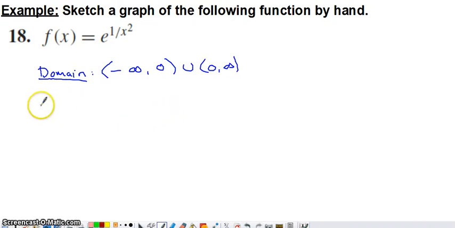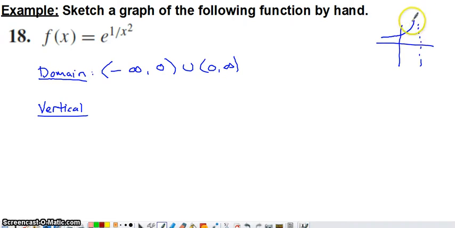Next, what we want to check out is our asymptotes. I'm going to go with vertical asymptotes first here. If a function has a vertical asymptote, it's because the function has a y value that goes up to positive infinity or down to negative infinity on either side of that vertical asymptote.